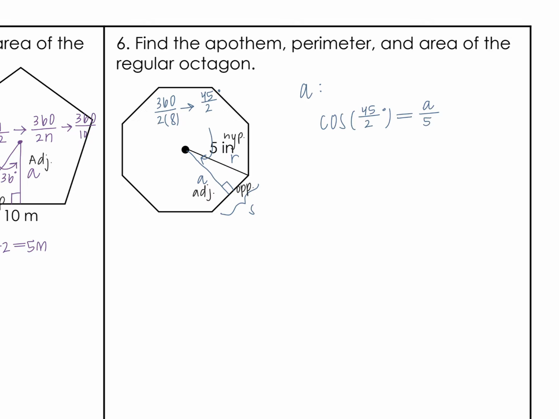All right, since here we have our number in the denominator, all we need to do is multiply it to the other side. And so I'm going to get that my apothem is going to have 5 cosine of 45 over 2 degrees inches.